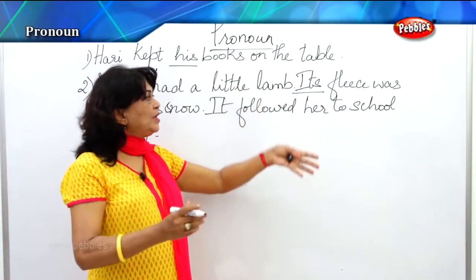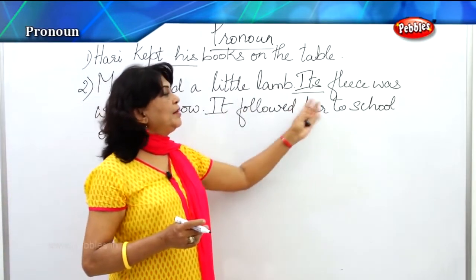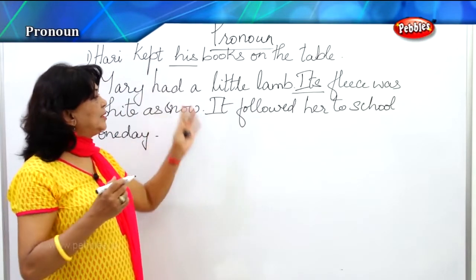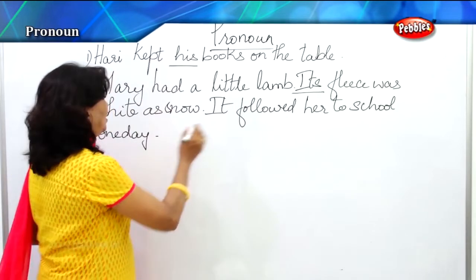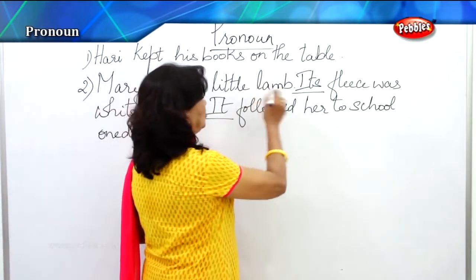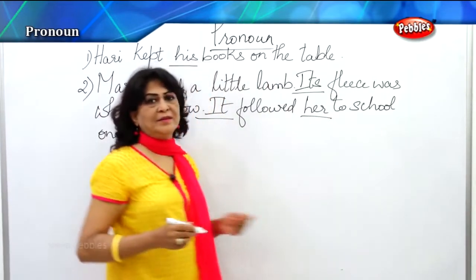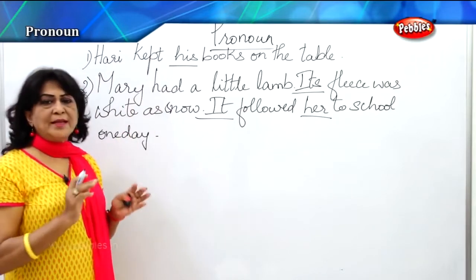The lamb's fleece was white as snow. The lamb followed Mary to school. So instead of saying the same words again, we are substituting it with pronouns. Okay, it followed. Here it also denotes a lamb and her denotes Mary. Okay, so are you sure of these examples?